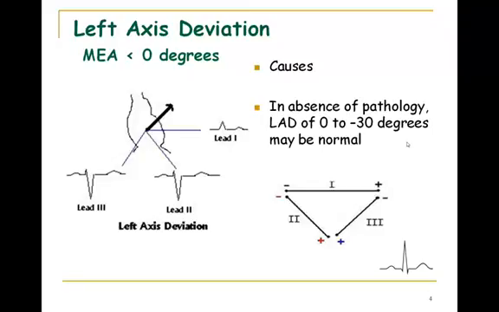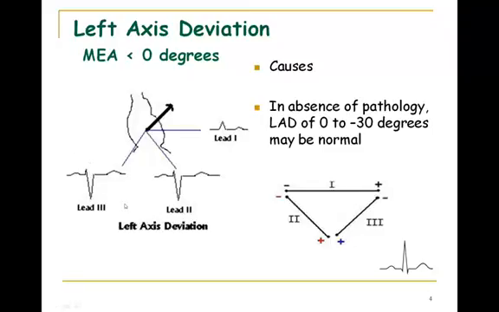I'll give you an example of what they mean by algebraic sum. So if I want to know the algebraic sum of the voltage of this QRS complex, we'll say, hey, maybe this R is 0.1 millivolts. This S here we'll say is minus 0.5 millivolts. What's the algebraic sum of that QRS complex?